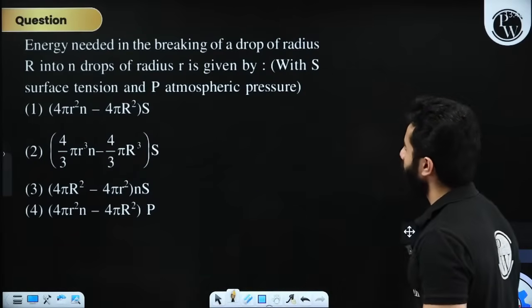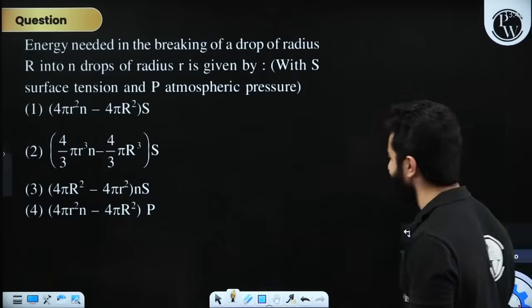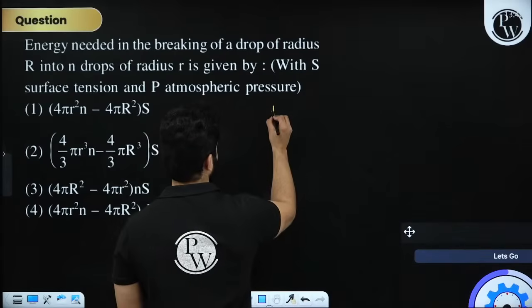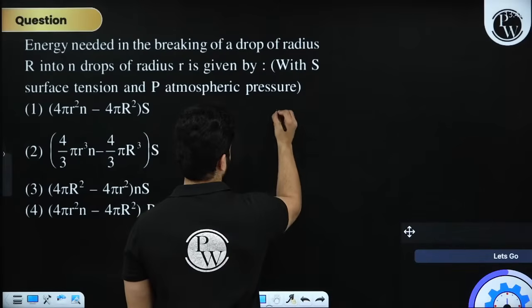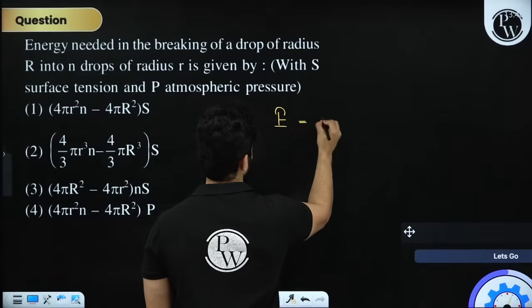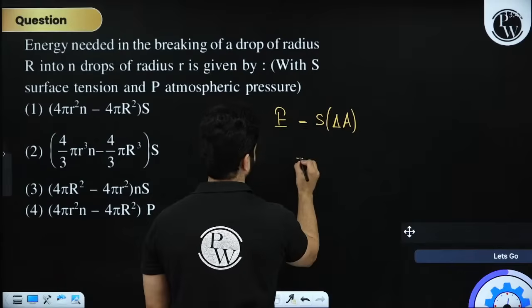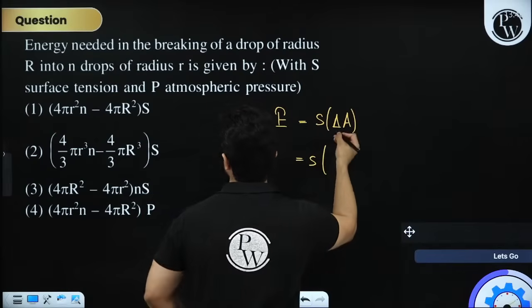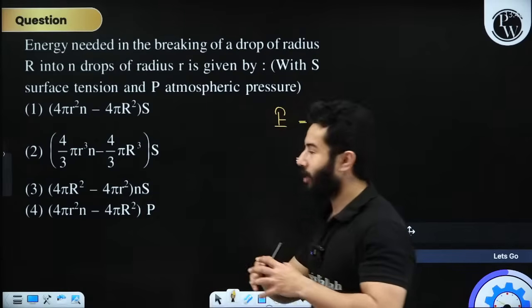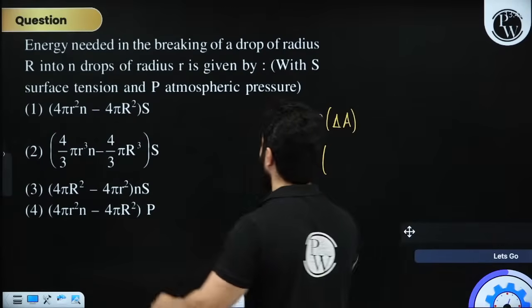They are talking about what is the energy needed. Energy needed is surface tension multiplied by change in area. Surface tension is S, and change in area will be, please understand, when you have n different drops, we'll have more area.